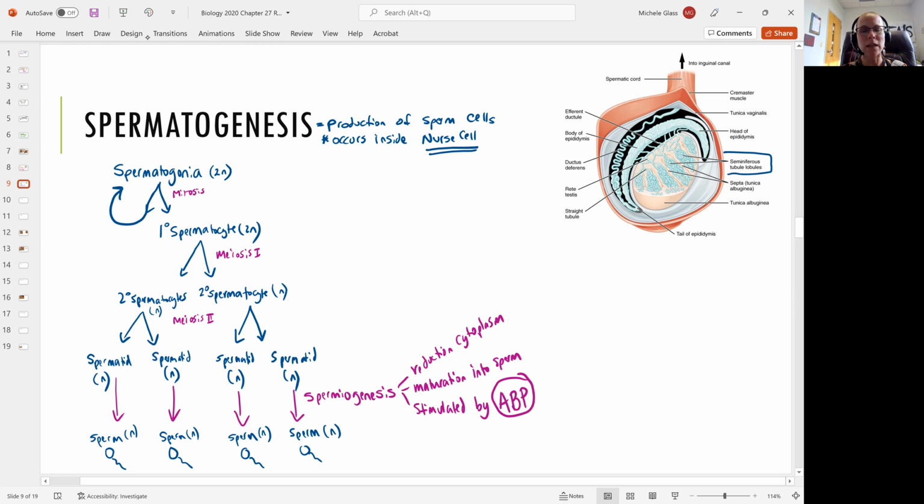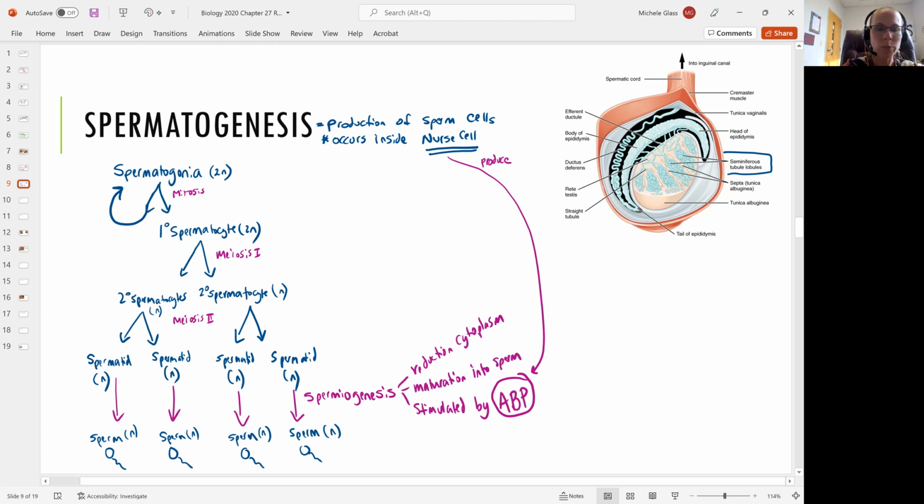ABP, remember, stands for androgen binding protein. And we see that it's being produced by those nurse cells. So not only is this whole process occurring inside of this nurse cell, but the nurse cell is promoting this process through the production of the ABP.